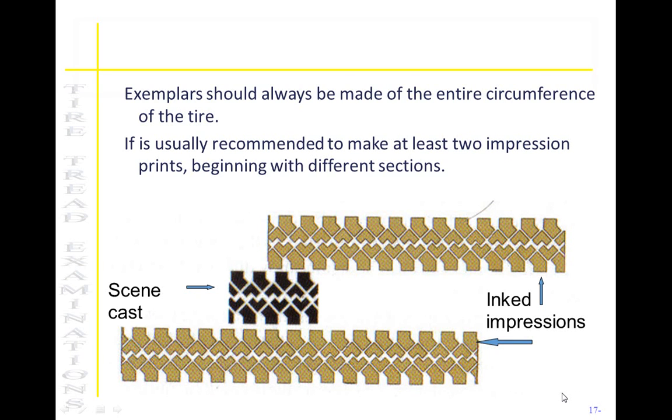Since generally you don't know exactly where on the tire tread the impression at the crime scene may have come from, you want to eliminate the possibility that a portion of it is only at the start of your test impression and then you have to compare to the end. So taking 2 test impressions starting at different areas should give you the entire area that might be of comparison purposes to the sample from the crime scene.